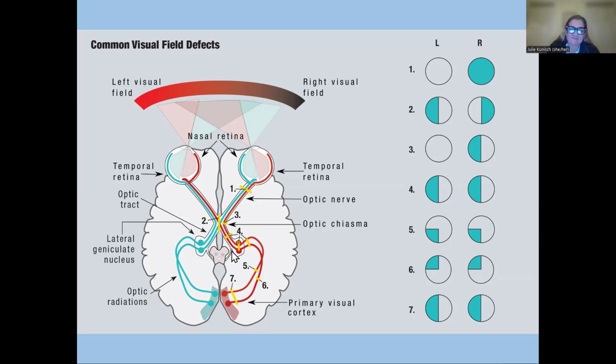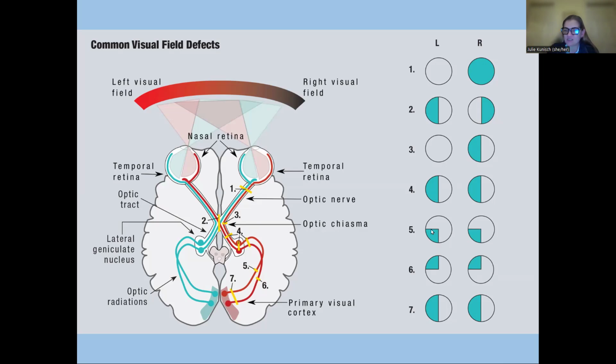Okay. 5 and 6 is where those optic radiations open up. And so now the optic nerve is sort of opened up into quadrants instead of a whole side. Okay. So 5 and 6 can happen where people lose a quadrant. Okay. So here we have a lower, or we call it an inferior homonymous hemianopia.